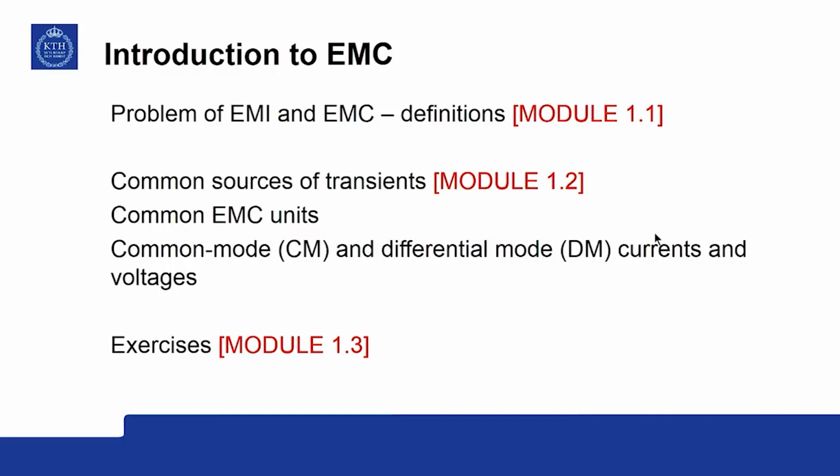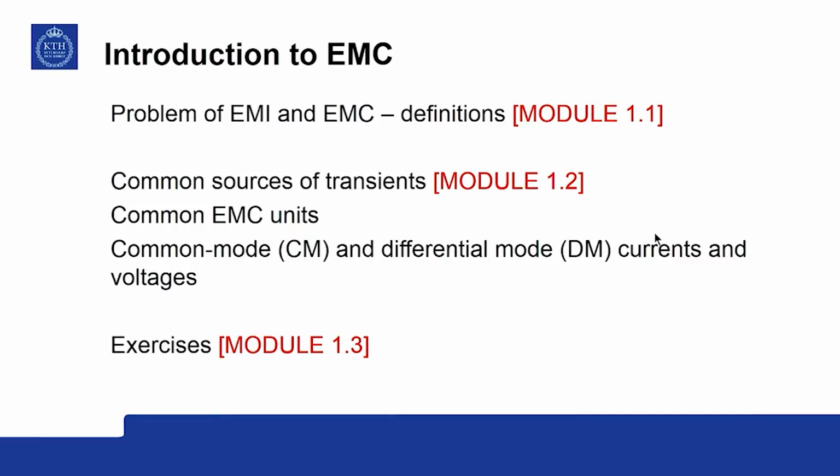In module 2, common sources of transients will be described, light switching transients, lightning, etc. And we will talk about commonly used EMC units, like what is meant by a decibel and what is meant by wavelength.